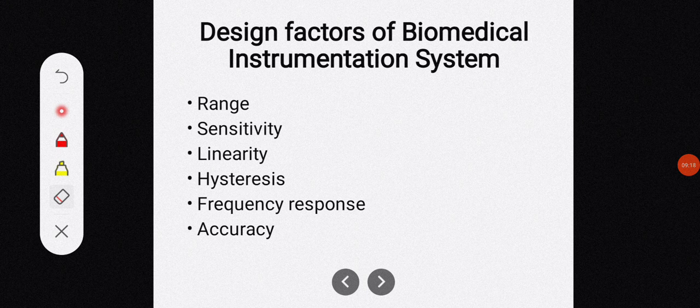So an instrument is said to be linear if it follows the superposition and homogeneity principle, and then it is going to have a constant sensitivity for the entire range of measurements, as I have already told you, that the sensitivity will be constant for the entire range of input.